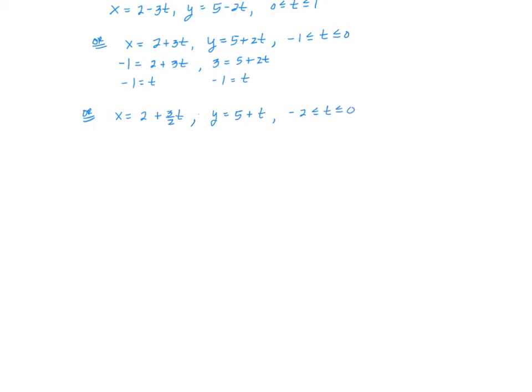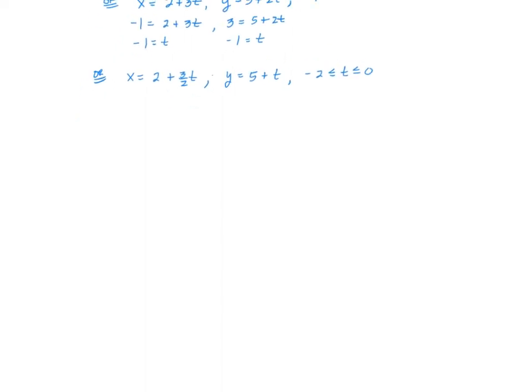If you put in -2 for t, you're at -1, 3. If you put in 0 for t, you're at 2, 5. So you still have the same line segment between the 2 points. Again, it's just a matter of changing the direction.